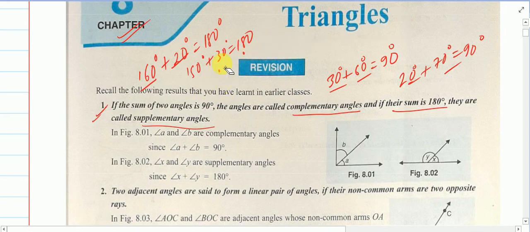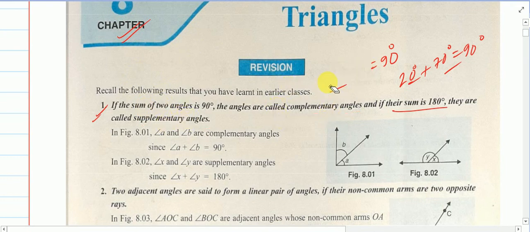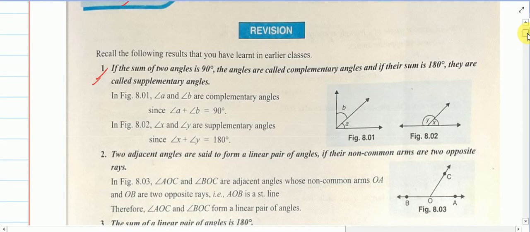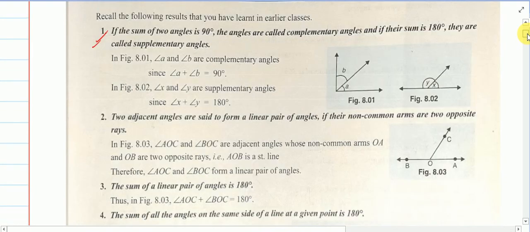So complementary angles and supplementary angles are clear to you. If the sum of two angles is 90, then those angles are called complementary, and if the sum is equal to 180 for two angles, then those two angles are called supplementary.